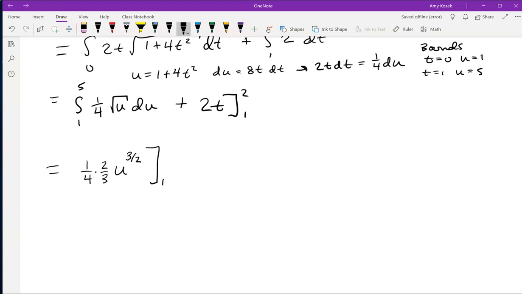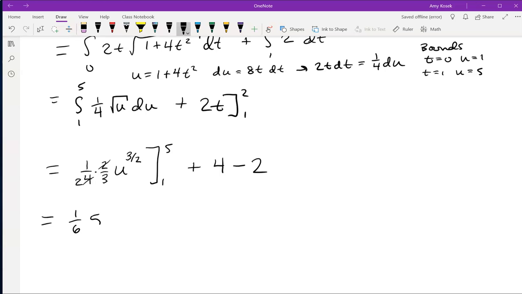And then that's going to get evaluated from 1 to 5. Let's just work on evaluating that 2t from 1 to 2. So that's going to be 2 times 2 is 4, minus 2 times 1 is 2. Here, notice we've got the 2 on top and the 4 on bottom. So we really have 1/6.